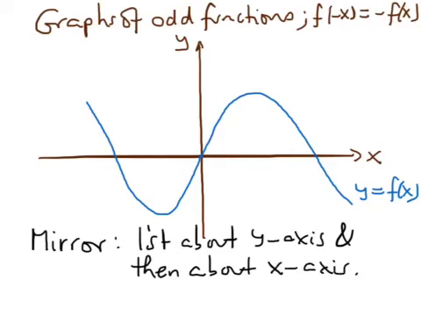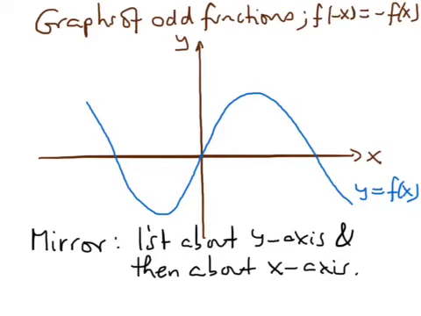Alternatively, it does exactly the same job. You could mirror it down here about the x-axis and then mirror it about the y-axis. It's completely a matter of taste. So, if we know what the graph of an odd function looks like for positive x, we can immediately write down what it looks like for negative x. This is a function which, as you can see, passes through the origin.